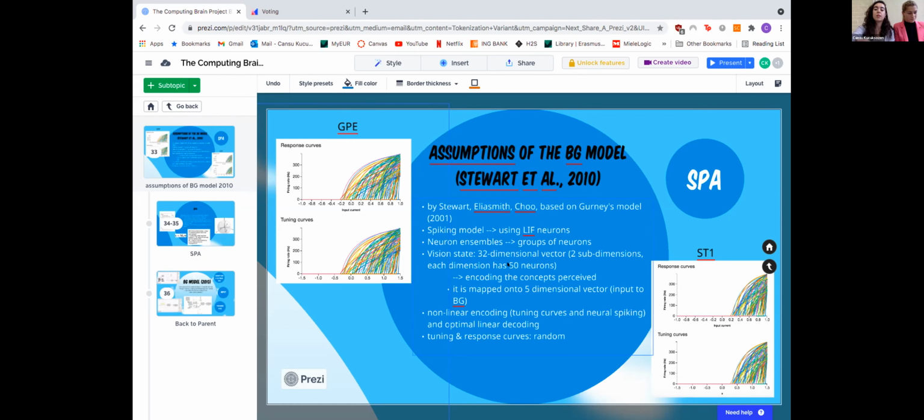In our task, we'll see which concepts are being encoded, but basically this is the part where the perceived concepts are encoded via 32 dimensions. Then this is mapped to a 5-dimensional vector, which goes into the basal ganglia as the input. And then basal ganglia calculates which action it should choose, depending on the dot product that we'll show you later.